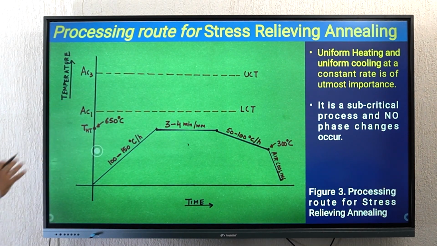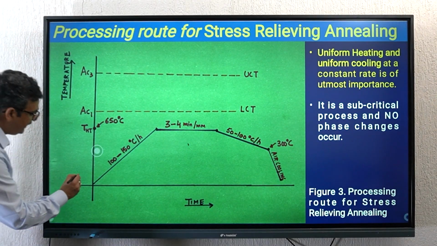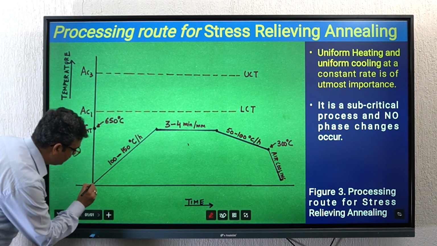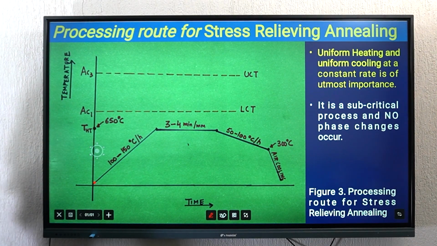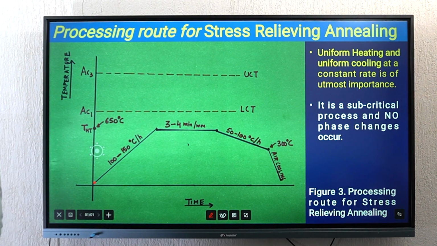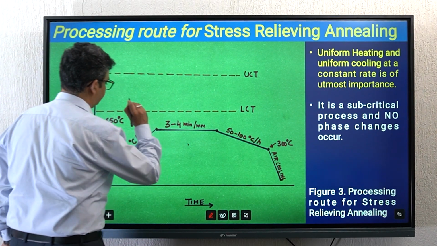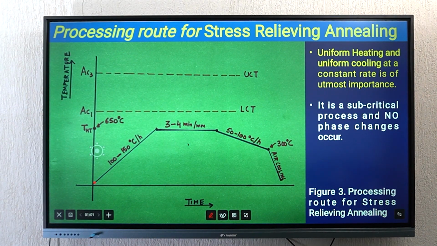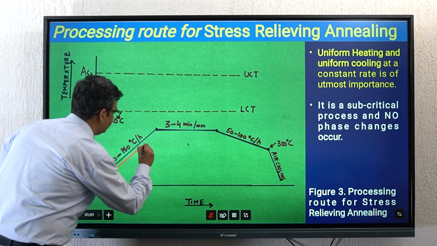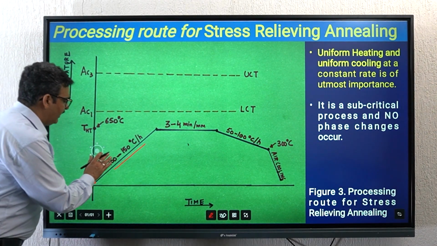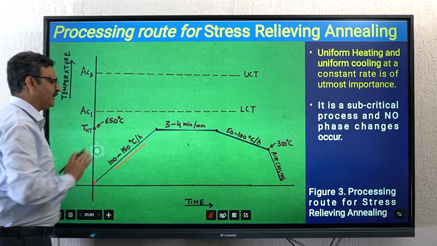So here is the time temperature plot which is showing what needs to be done. You take the steel components which are having the problem of residual stresses in them at room temperature conditions. Now they have to be heated in a very controlled manner, students. The heating rate has to be a constant heating rate; you can choose any heating rate between 100 to 150 degrees centigrade per hour.